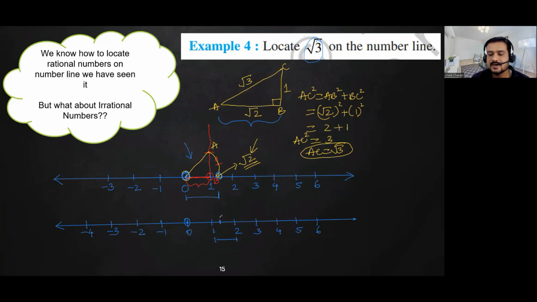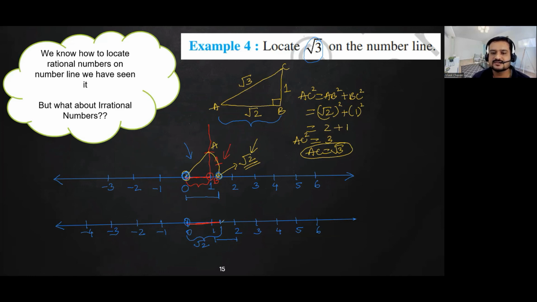Now this distance from this point to this point is under root 2, and this is nothing but the base. So you will mark this distance of under root 2 here, from the above figure.